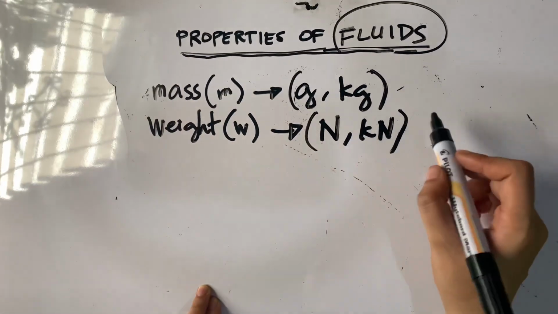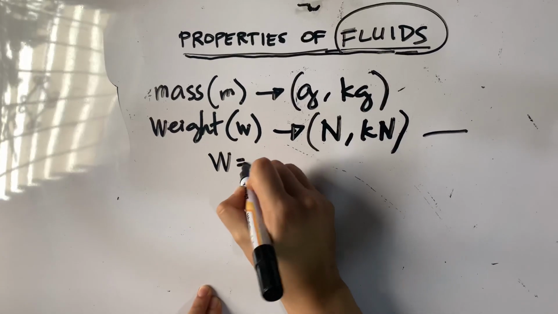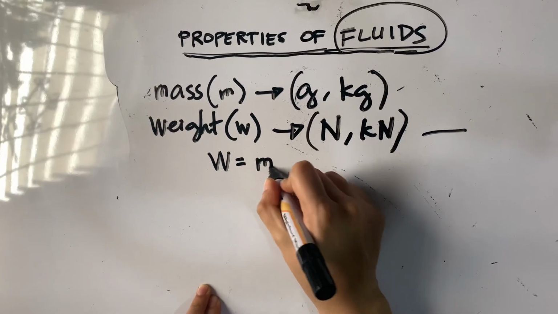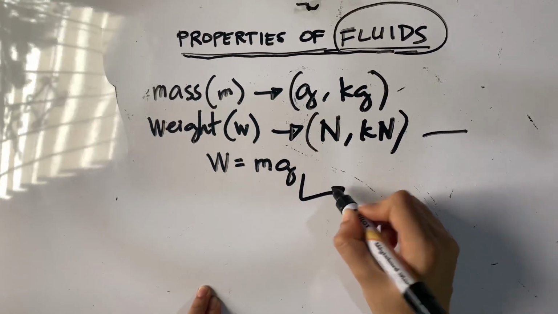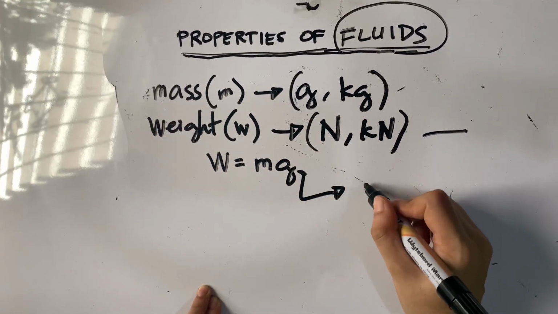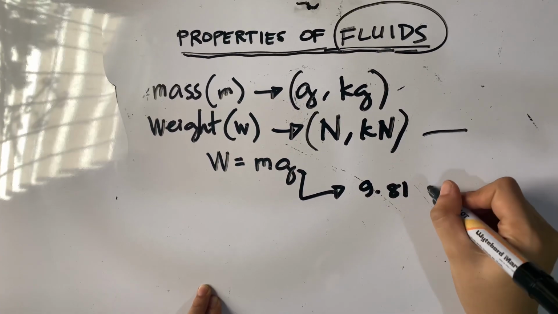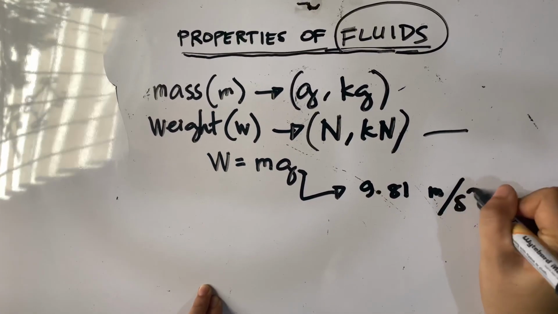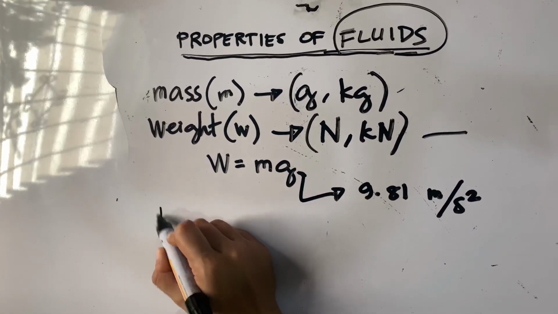Now, how do we get weight? Weight is equal to mass times the gravitational acceleration, which is equal to 9.81 meters per second squared.